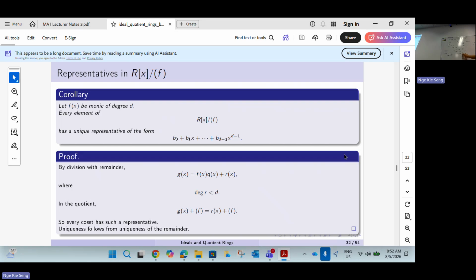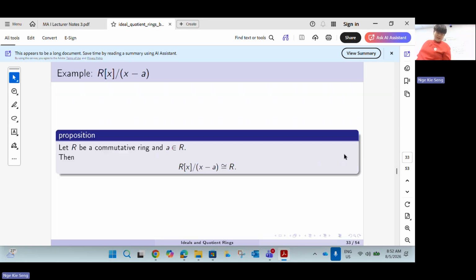So the degree must be less than 2. And this is the proof.